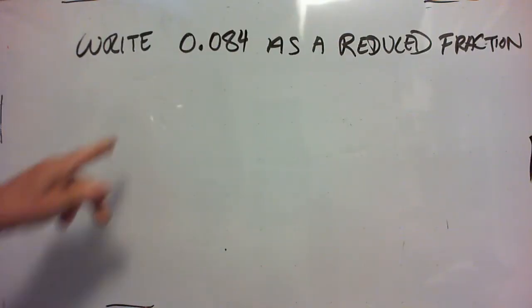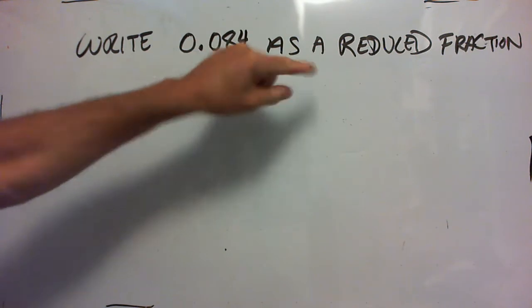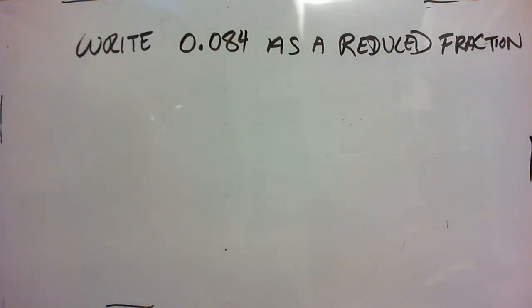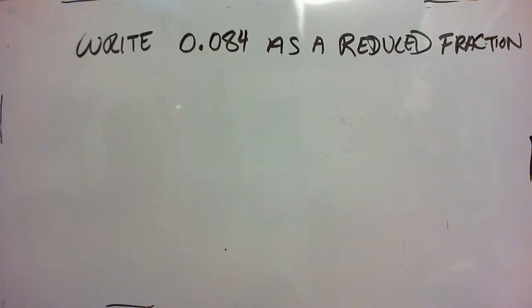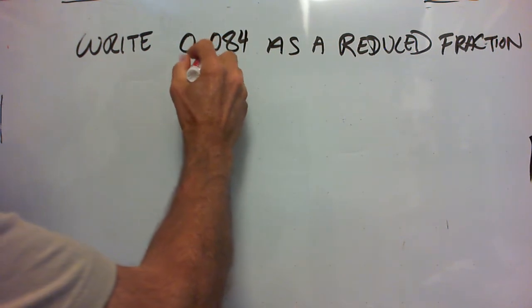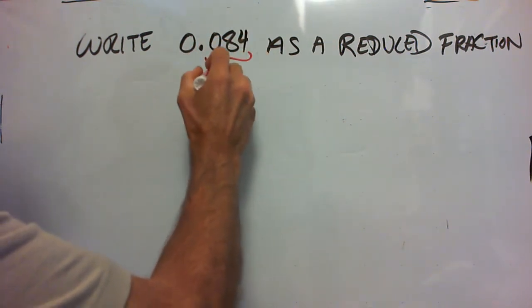Next problem, write 0.084 as a reduced fraction. Okay, the way we do this is first we write it as a fraction over the power of 10, then reduce that fraction down. So, as done in lecture and in the notes, we count the number of places.